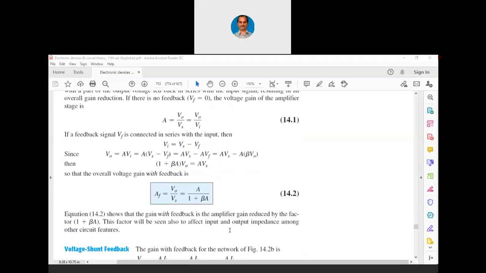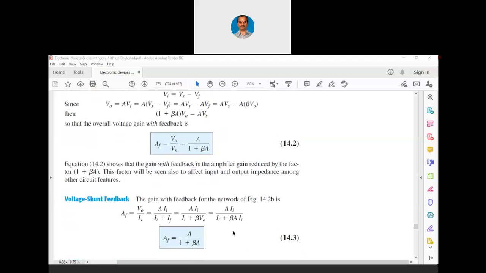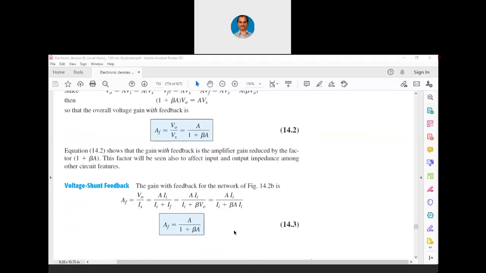Now, just like we had a voltage series feedback, now we have a voltage shunt feedback. In the voltage shunt feedback, the gain with feedback for the network is AF equals V0 by Is, because at the input we visualize the current source, as I had mentioned yesterday. This V0 is now A into Ii, and Is is nothing but Ii plus If, because it is a current there at the input side.